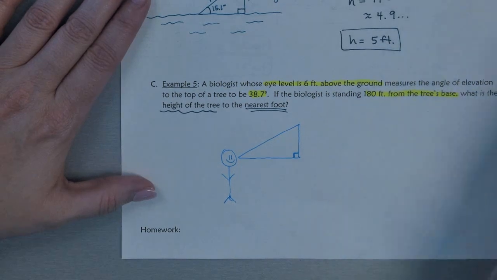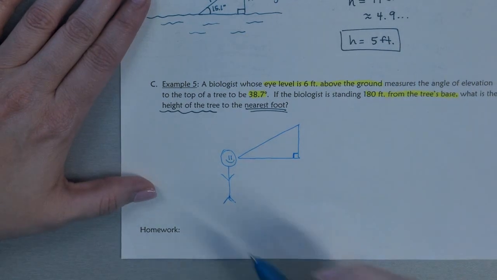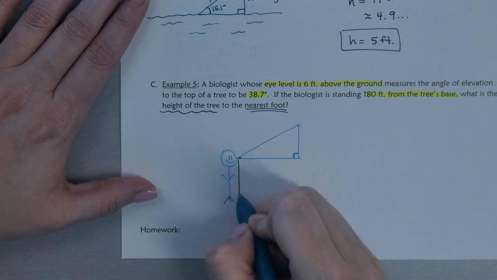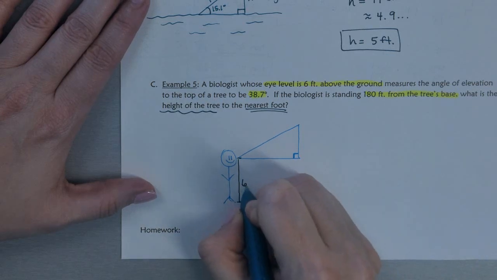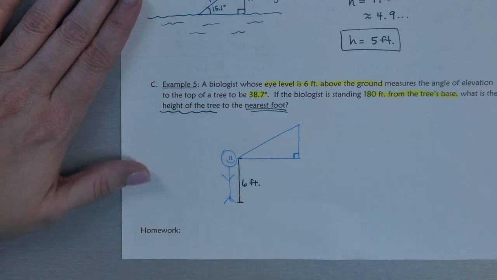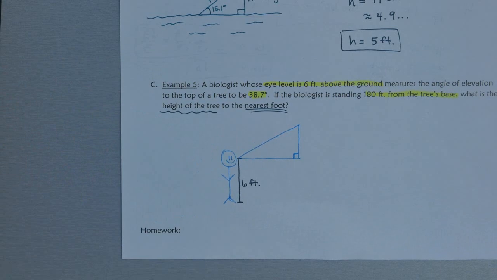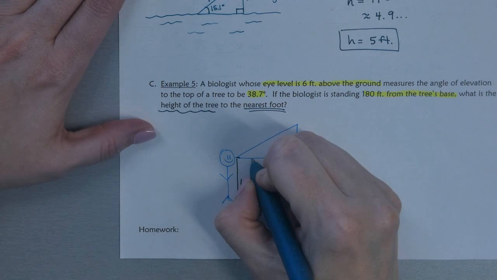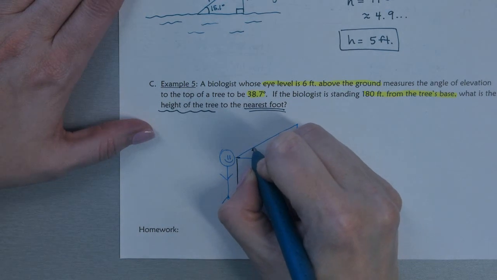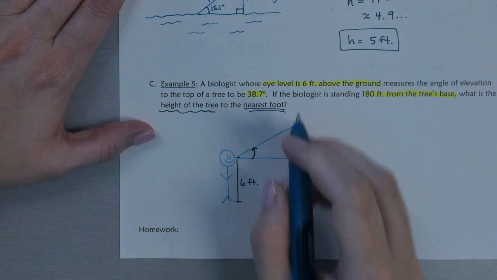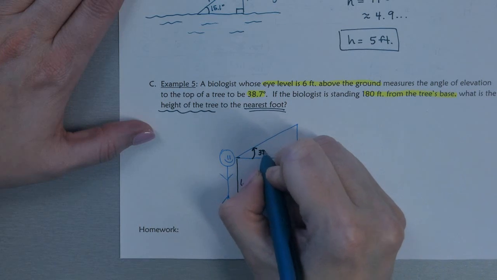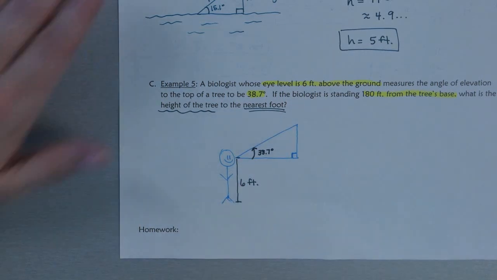So this is the biologist, and then it talks about their eye level. So from here to here is going to be 6 feet. So 6 feet, their eye level is above the ground. And then it says the angle of elevation to the top of the tree is 38.7. So angle of elevation is something you did in geometry. Elevation starts at the horizontal and goes up. So this would be your 38.7 degrees.